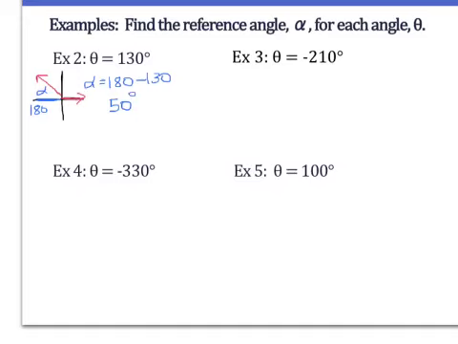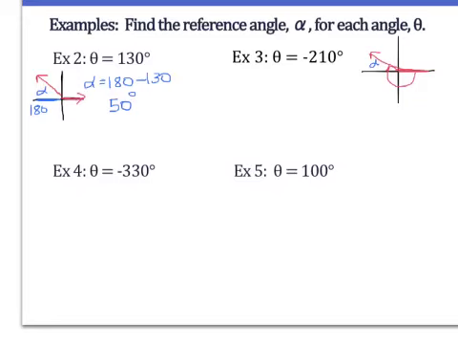So let's look at example 3. I'm going to do another little sketch. And it's a clockwise angle, which is, here's my theta right here, and alpha is right in there. Now there's a couple of ways you can do this.